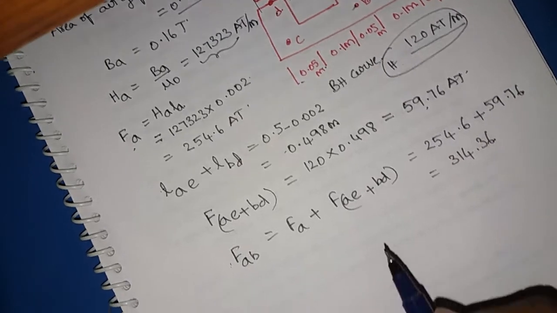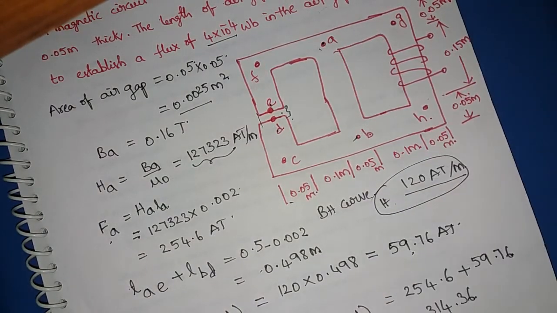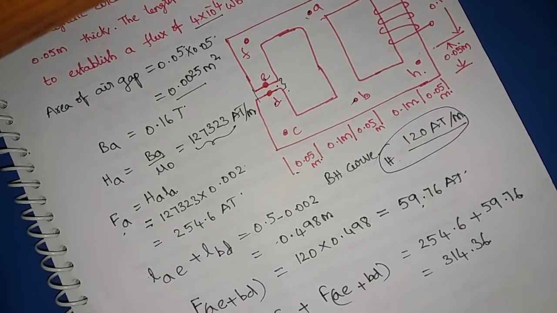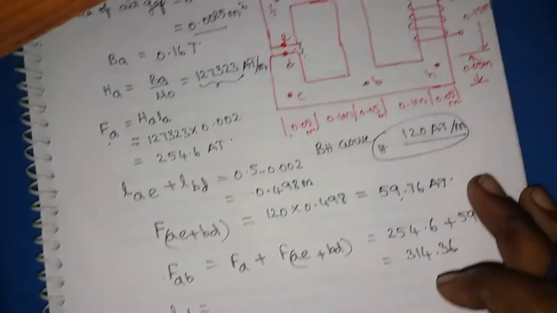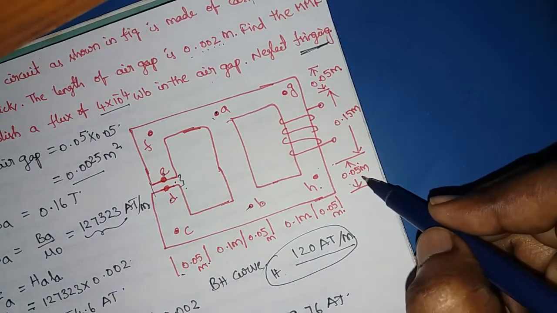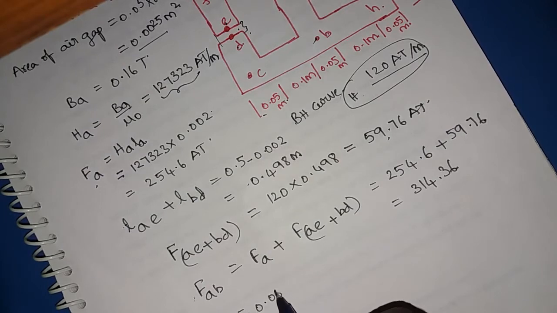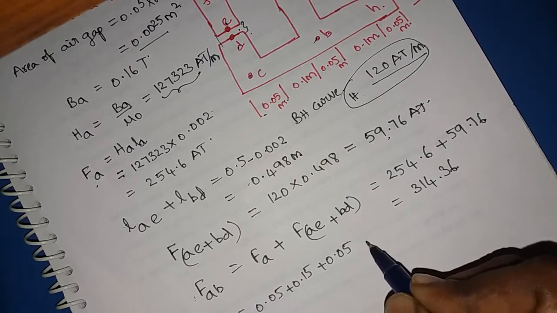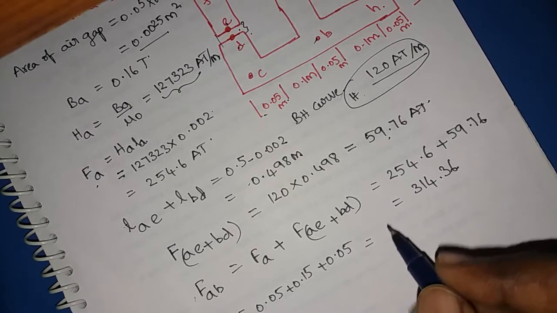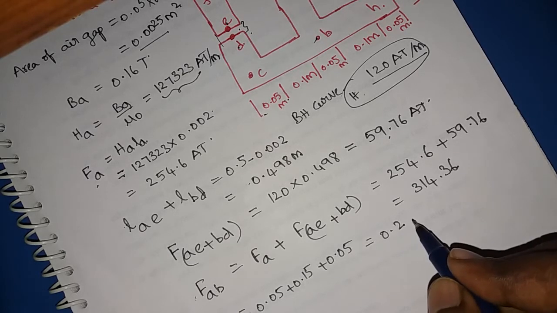So now what is the length of AB? The length between AB is 0.2 meters. You do this one, that is LAB. LAB is equal to 0.05 plus 0.15 plus 0.05, which is 0.2 meters.